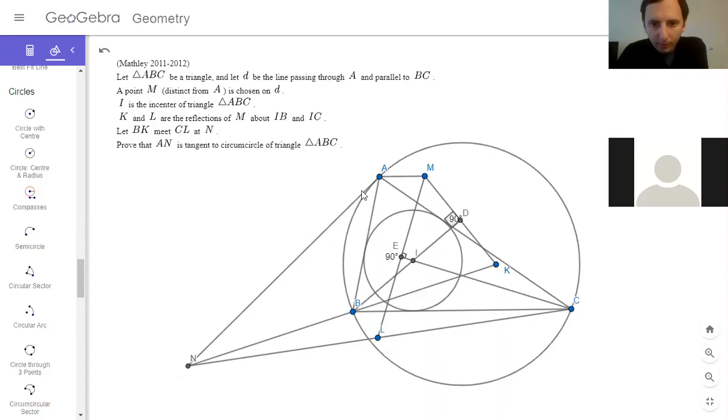So what does that mean? Maybe we could show by the radical axis theorem that BK, CL and the tangent at A are concurrent. I feel like it might be easier to turn this into a concurrency problem.